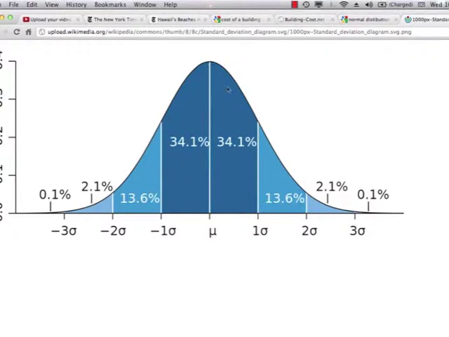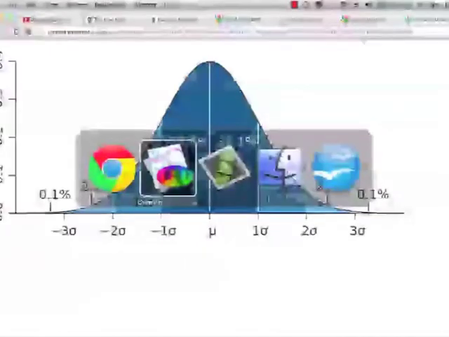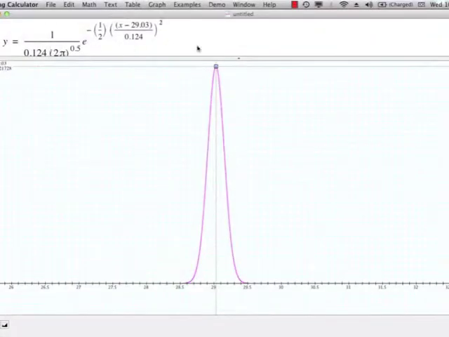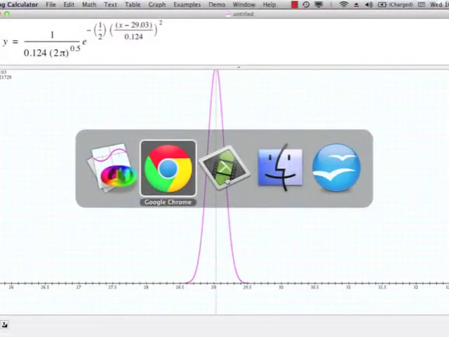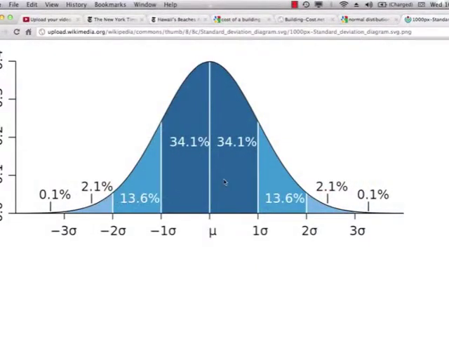So I figured out where the mean is. The mean is going to be where the first derivative of this function equals 0. That's where the mean's going to be, right there. And I also figured out that the standard deviation is going to be where this function has a point of inflection. But where do they come up with these values?